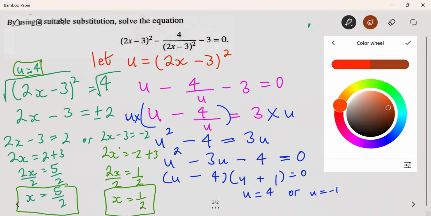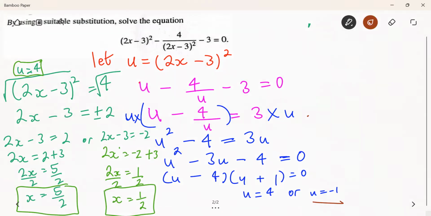Now you mustn't forget that there's another case where u is equal to minus 1. So let's do that this side. u is equal to minus 1. I'm going to back substitute again. (2x minus 3) squared is equal to minus 1. Again, what you would want to do is square root both sides.